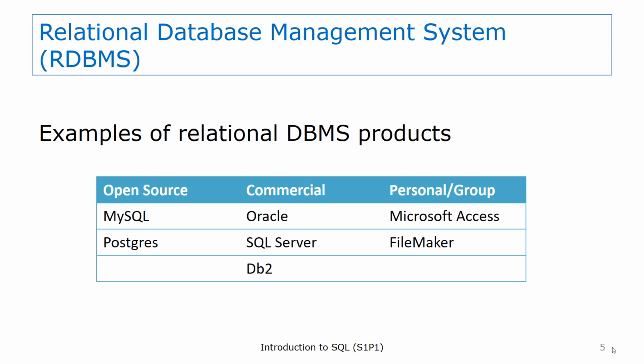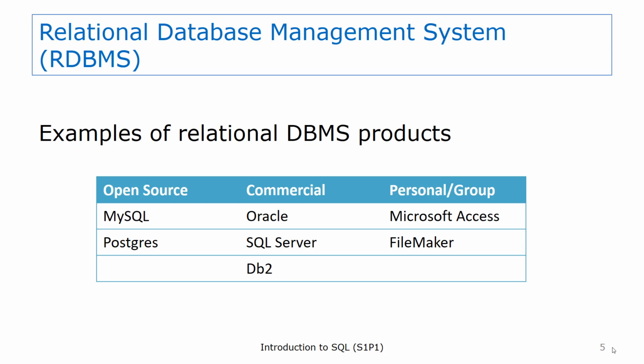When PC processors, memories, and disks became more widely available in the late 1980s, vendors introduced RDBMS systems that could run on PC or Mac operating systems. Two of these products are Microsoft Access and FileMaker.